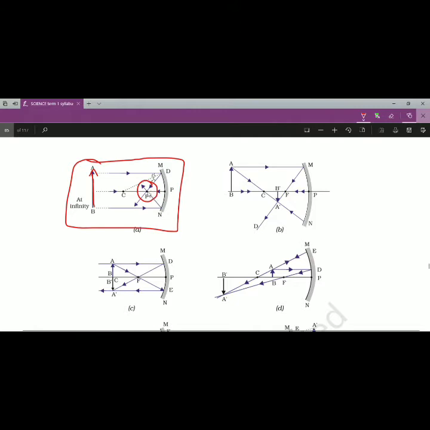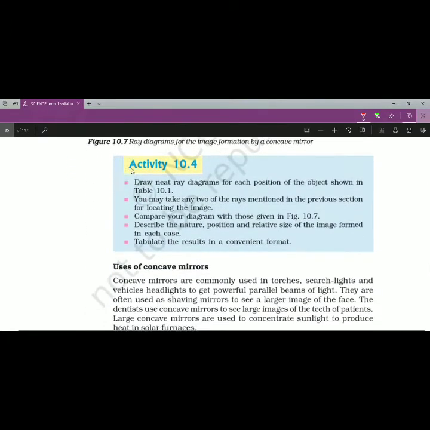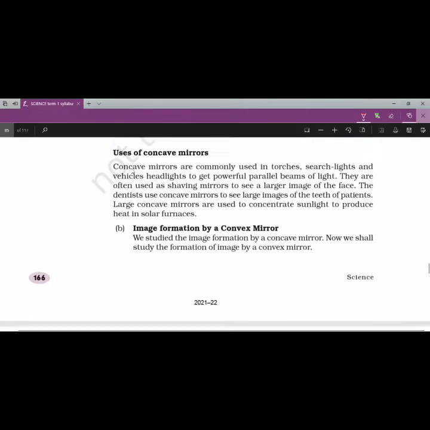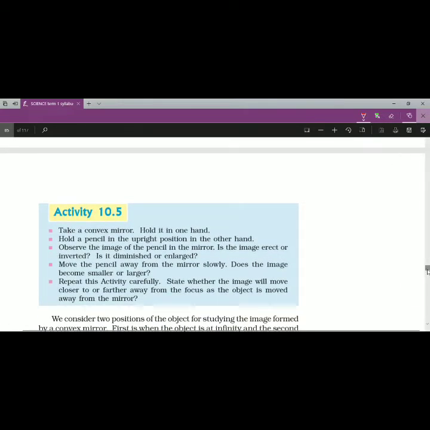So maybe they haven't drawn the rays like this, and they want to ask you what is the location of image, or where the image will be formed if the object is at infinity. So that's why the nature of image, the size of image, the table was very important, which I am telling you. Uses of concave mirror, uses of convex mirror, all things you have to prepare.